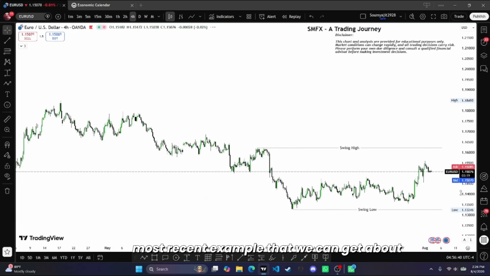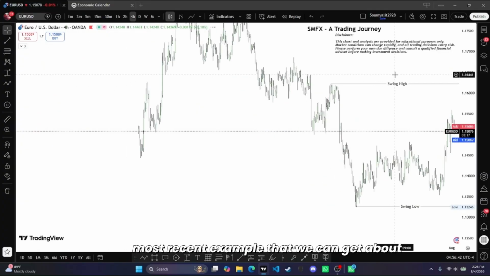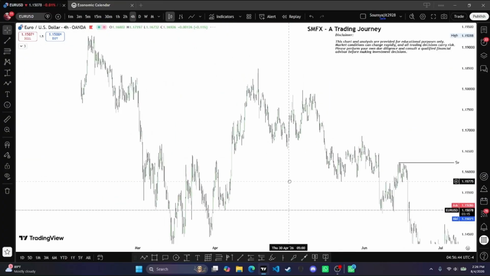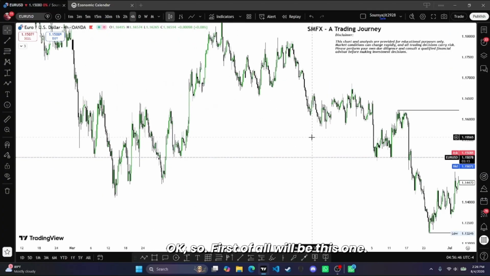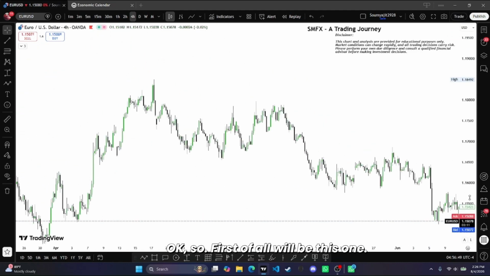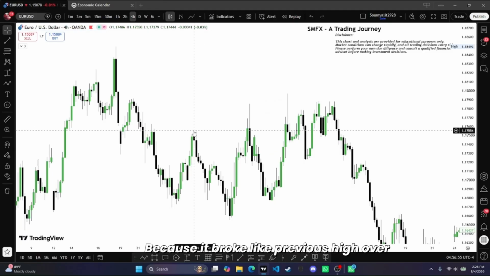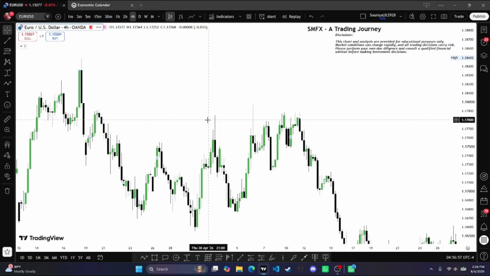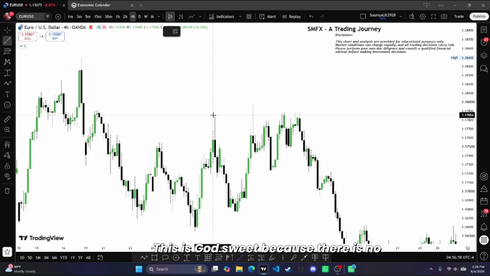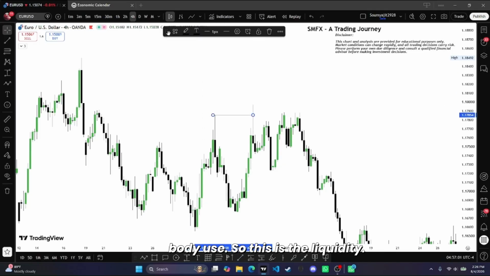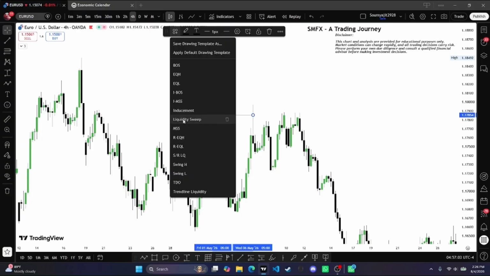So the most recent example that we can get about a liquidity sweep. First of all will be this one. You can see this was a high, right? Because it broke the previous high over here. This high got swept because there is no body close. So this is a liquidity sweep.